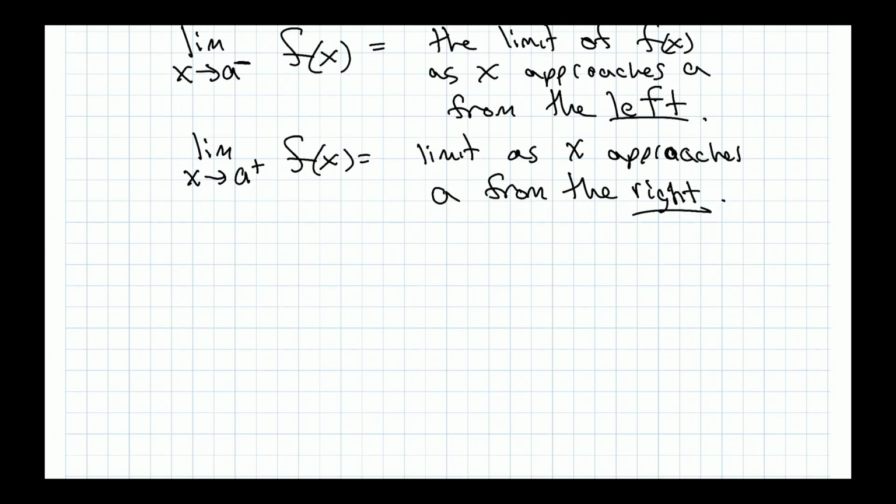Why do you use those? Show you. Right? If you have an a here, just think about it. On a number line, positive numbers are on the right and negative numbers are on the left. So that's why plus means right and minus means left.